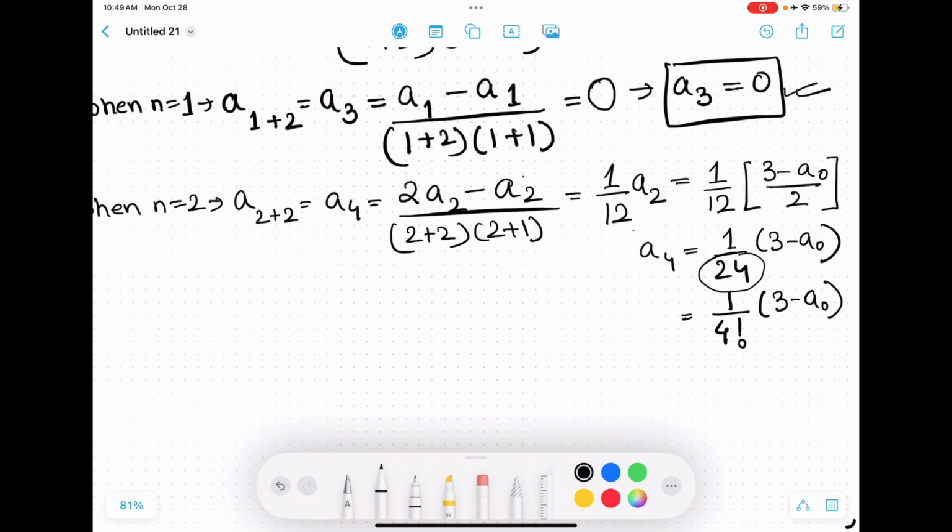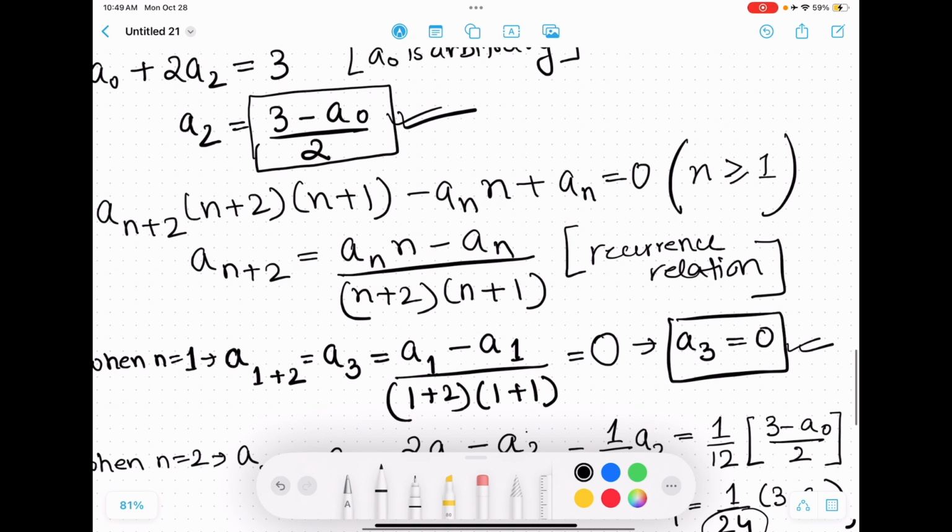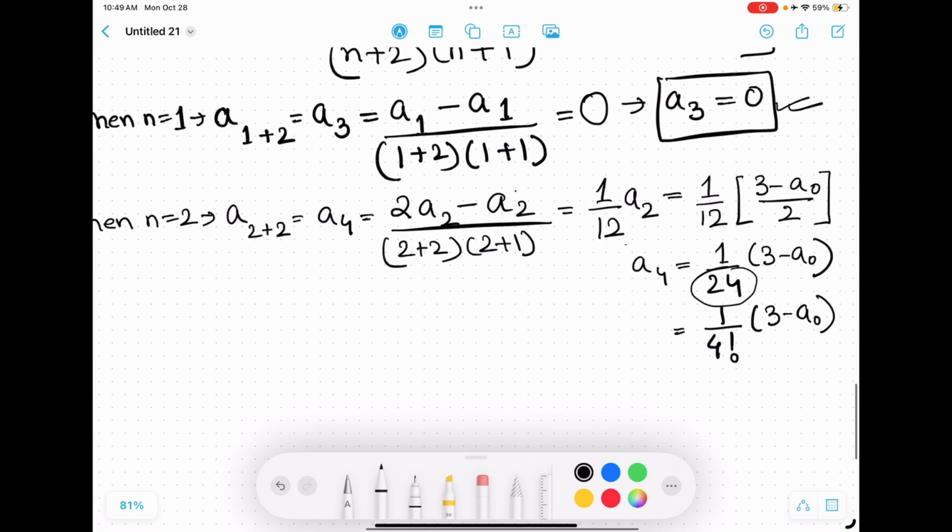And the reason why this came up is because I looked initially that for my a sub 2, I have divide by 2, and I know that 2 can also be written as 2 factorial, right? And then when I got the result for 24, I noticed that, wait, 24 can also be written as 4 factorial. So now I'm thinking maybe there can be some factorials involved in this situation, right?